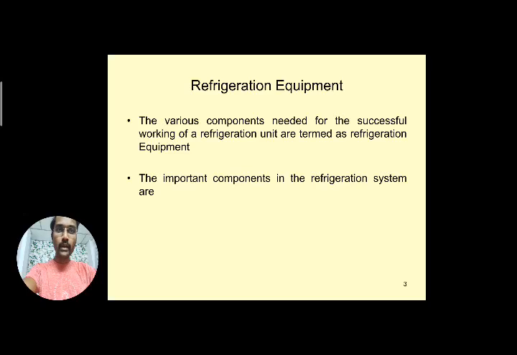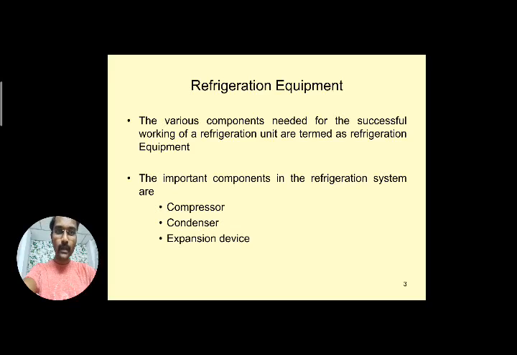The important components in the refrigeration system, you already know all these things, we just list them out again. The important components are the compressor, which is the main heart of the system. It does different functions, and if it works properly, the total system will work properly.